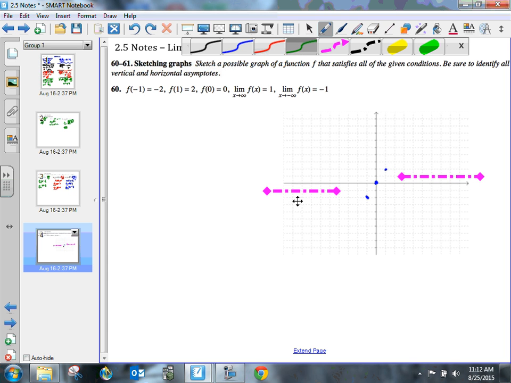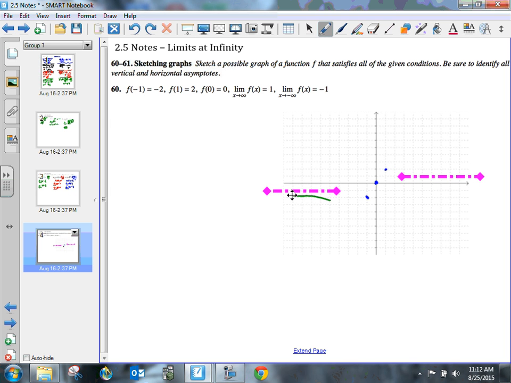And I know that we have an asymptote at -1, so I'm going to do something like this, where it gets close to there, but then I want to make sure that we go through these points here, and then as x gets infinitely large, we approach that asymptote, okay? And we do that from the left and from the right. So you just want to make sure that your graph follows all of these, and that's about all I got.